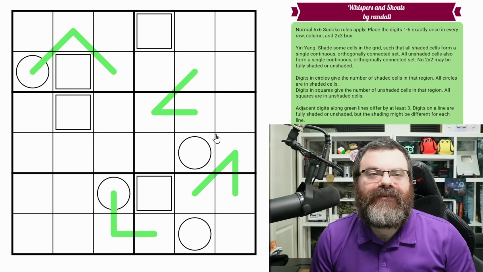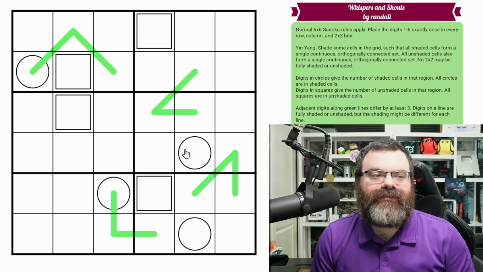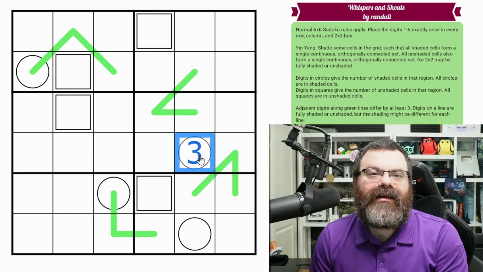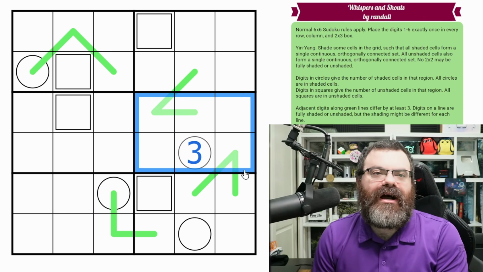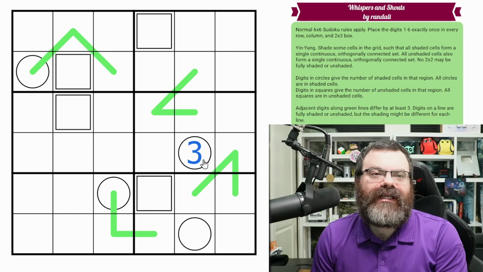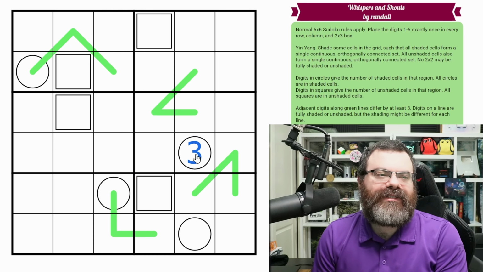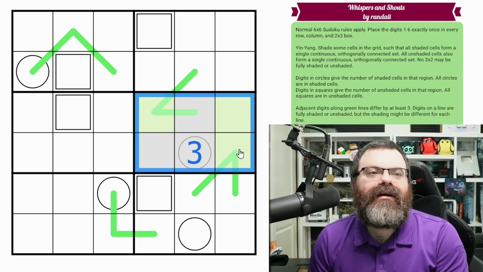Digits in circles give the number of shaded cells in that region. So a digit in a circle, say this is 3, and a region is our box here. So it's the number of shaded cells in this box. For example, we could shade these 3, and then these 3 would be unshaded within that box. All right.